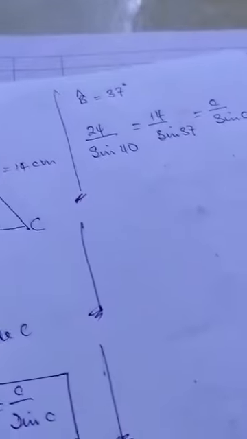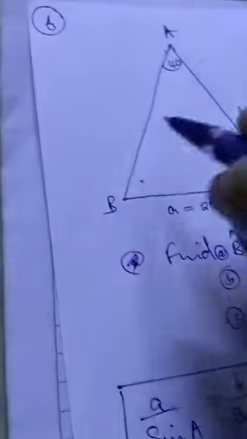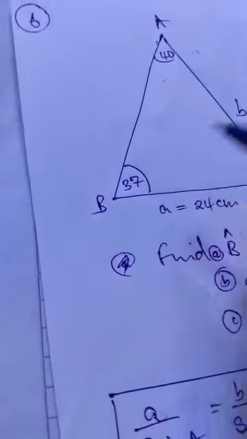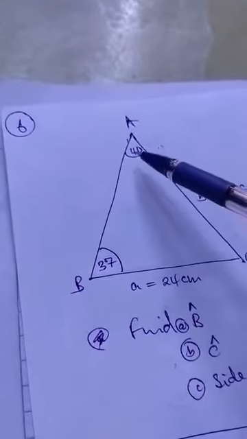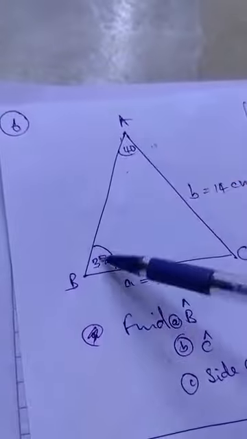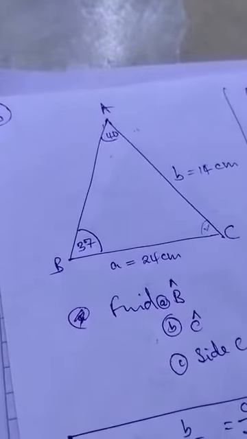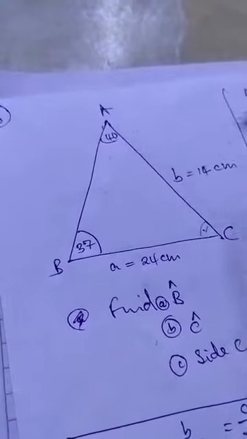Okay, so you can do the easier way. You can get back to the question and say, suppose here you find 37. Now you can see the angles inside the triangle are 40, 37, and this one missing. What we know is that the total of the angles inside a triangle is 180.